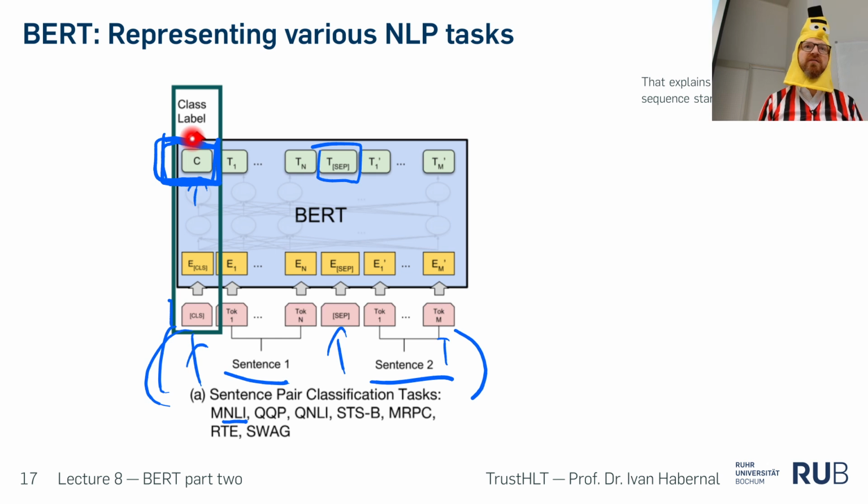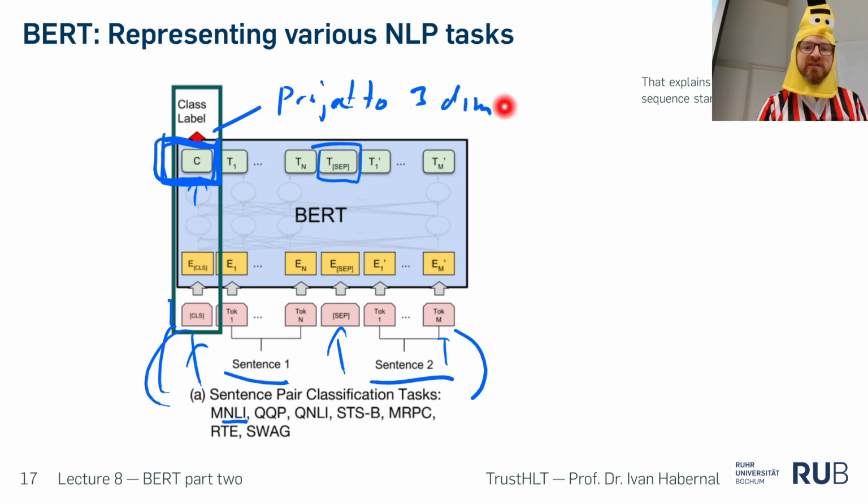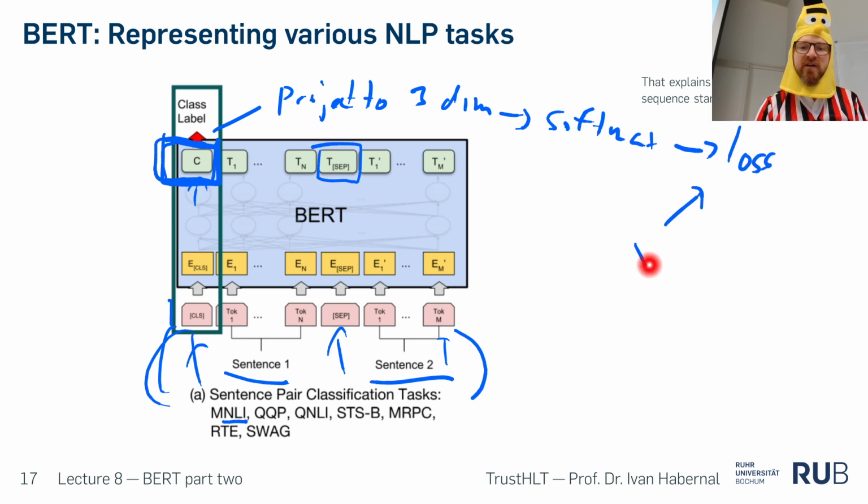It could be a binary classifier, it could be a 3-way classifier, whatever. You just plug it into the network: project to 3 dimensions, then run softmax. And then you would have a loss, and here you would have a gold label, which is a vector of 3 categories.